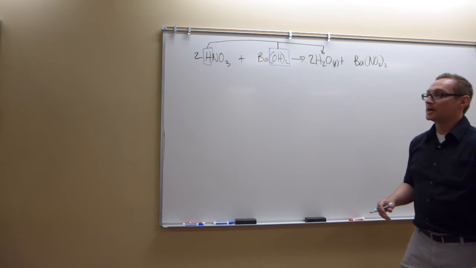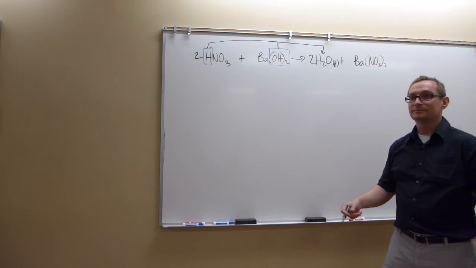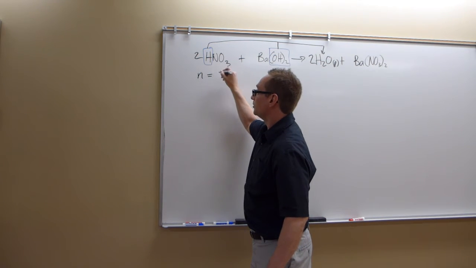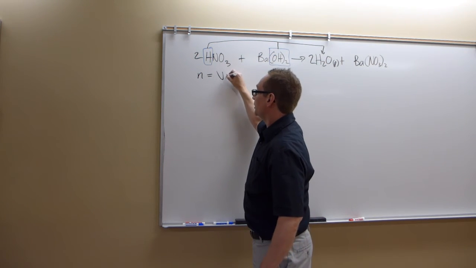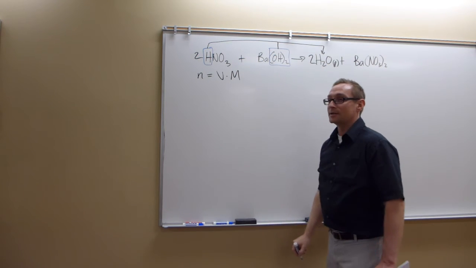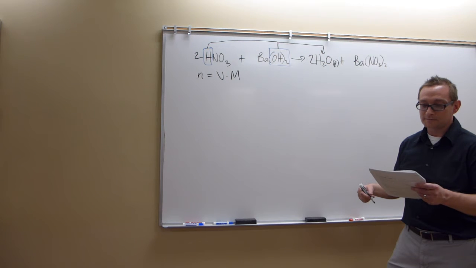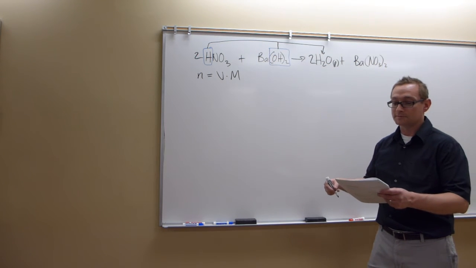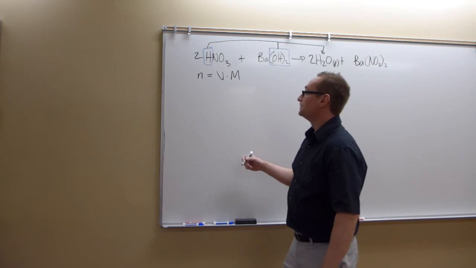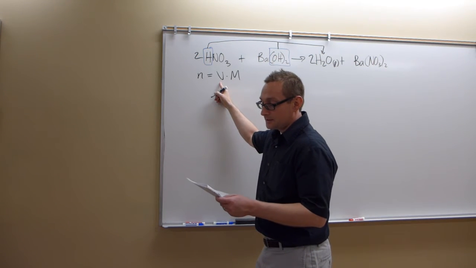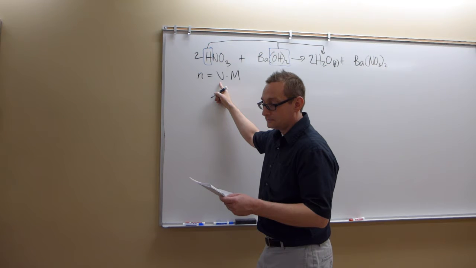So anyone remember how we did the last problem with molarity? Moles are equal to volume times molarity. So again, this is molarity, moles, grams, but now it's just going to be molarity, moles, molarity. So what volume do we need here? We're given 50 and 30.